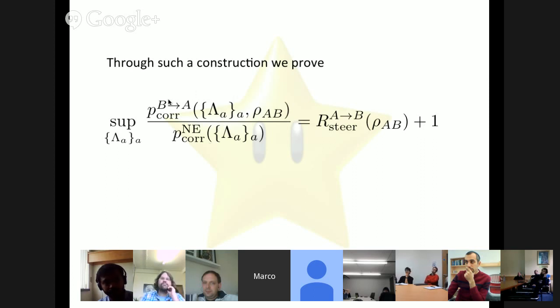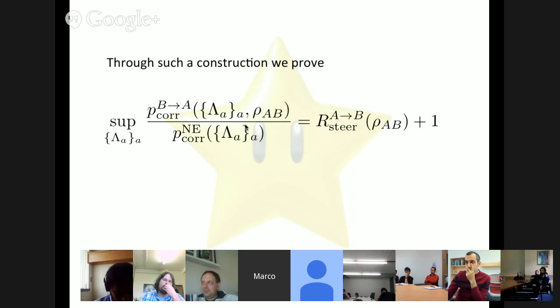Now you consider all possible games, or instances of instruments, meaning choices of subchannels, and you take the supremum of this ratio. What we prove is that this is equal to 1, which is the trivial part, plus the robustness of steering of the state rho AB.